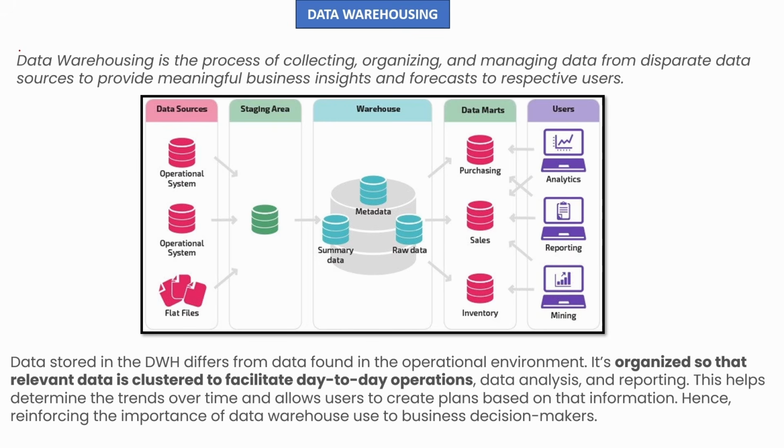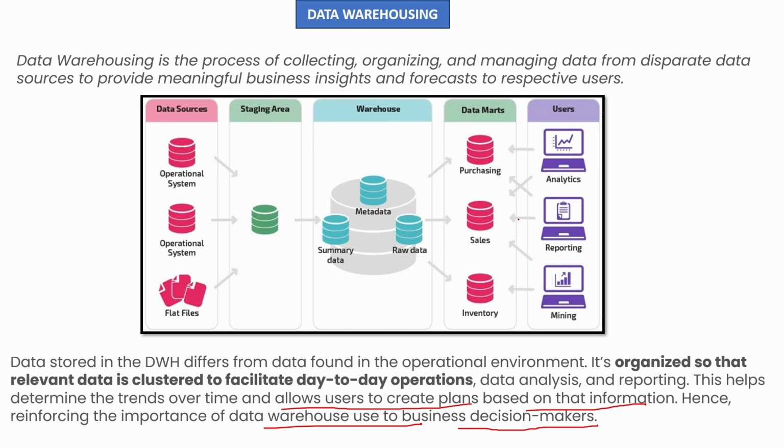It is organized so that relevant data is clustered to facilitate your day to day operations, data analysis, and reporting. This helps determine trends over time and allows users to create plans based on that information, hence reinforcing the importance of data warehouse use to business decision makers.